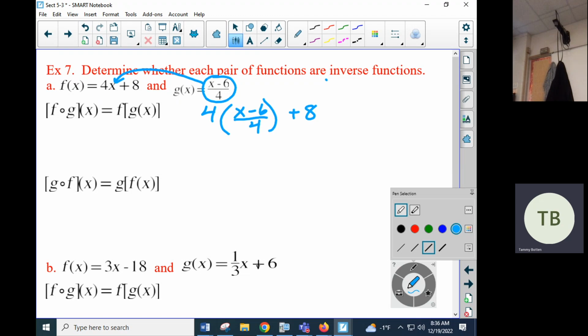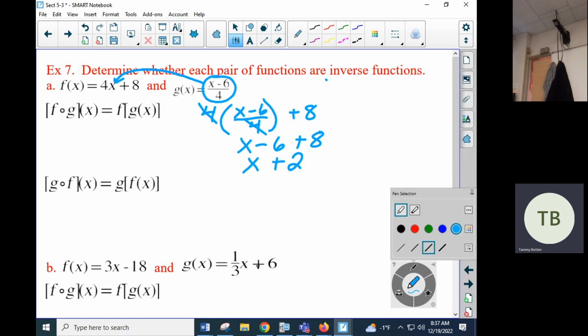What happens here is the 4's cancel. On top, we're left with x minus 6, and then we have plus 8. Now, in this one, -6 plus 8 do not cancel. So what we get is x plus 2.